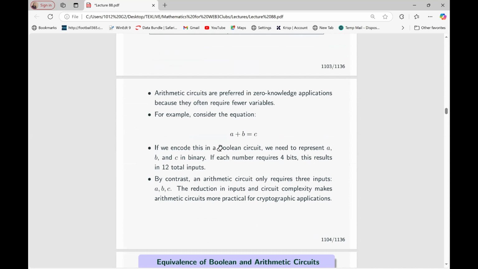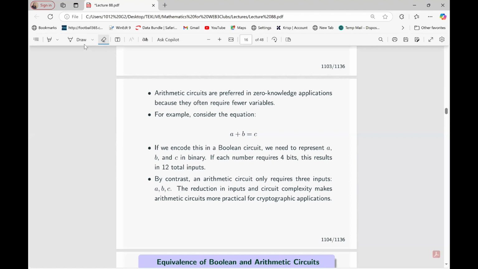This becomes a problem with very large inputs.